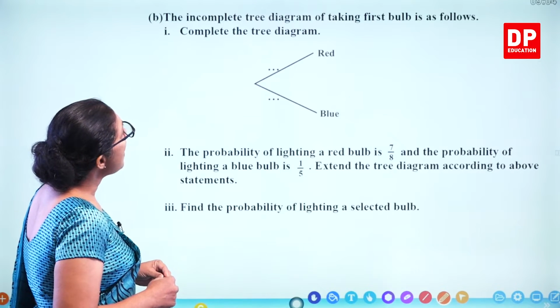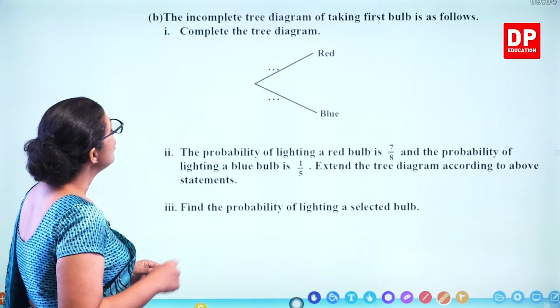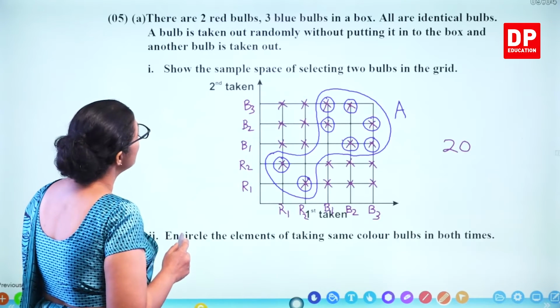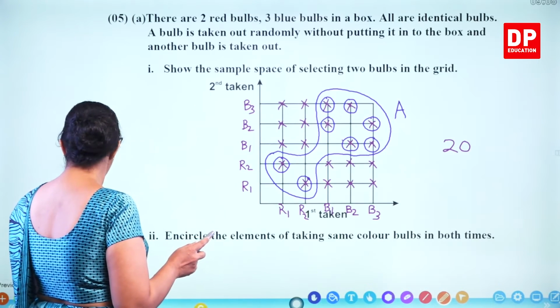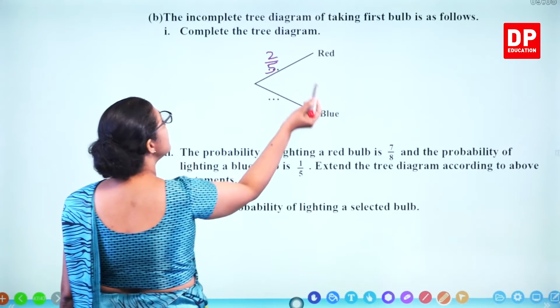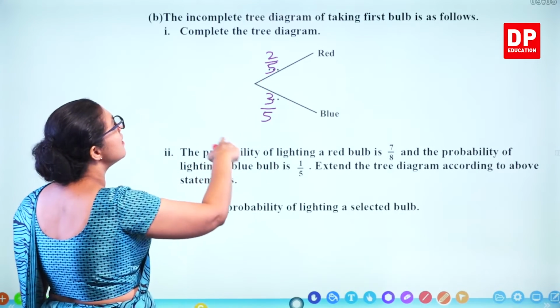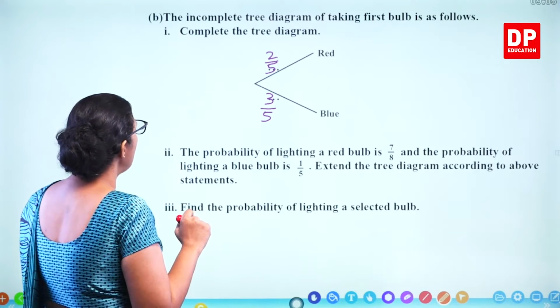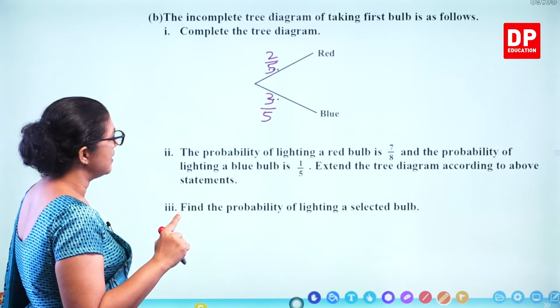The incomplete tree diagram of taking first bulb is as follows. Complete the tree diagram. So how many red bulbs were there? 2 out of 5, so that's 2 over 5. Then blue bulbs 3 over 5. This is just the first bulb. The probability of lighting a red bulb is 7 over 8.